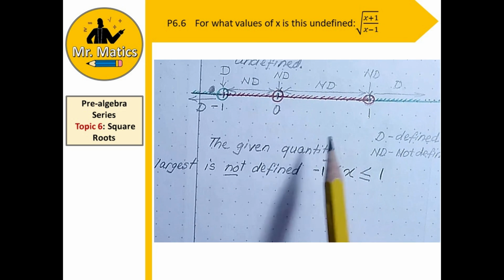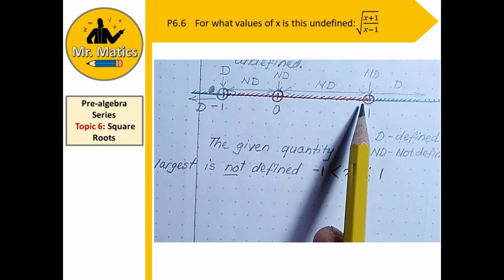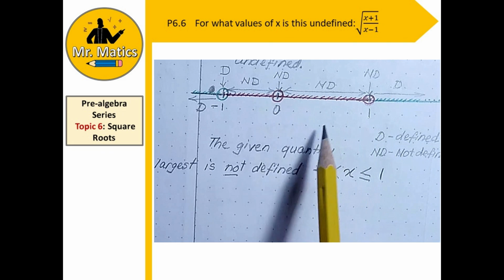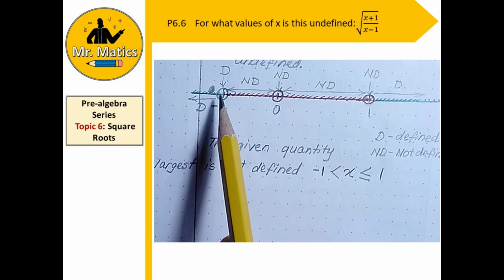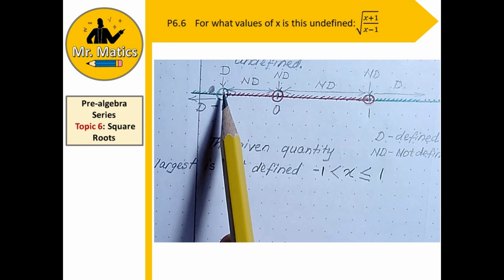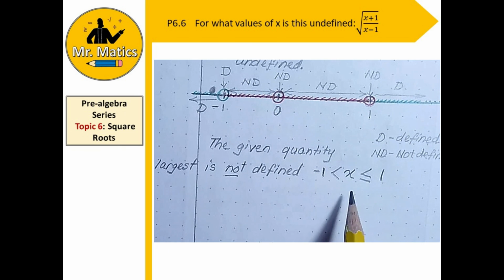That includes all these numbers here which are red marked, including +1, including the 0, and all these negative numbers right up to the edge of -1. So those are the defined. So this is your answer.